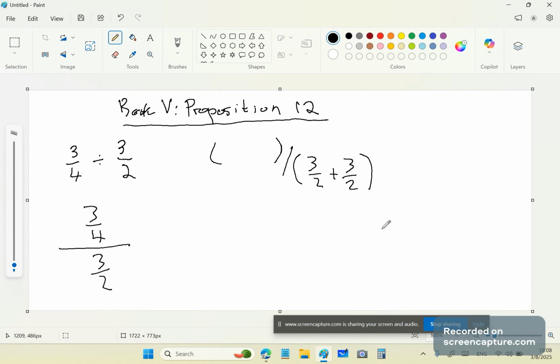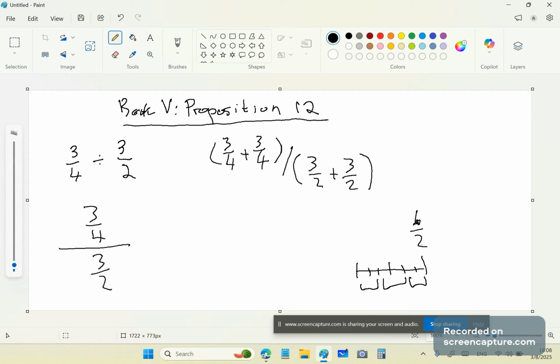And we know that if we have 6/2, then 2 measures 6 exactly. In other words, 2 fits into 6: 1, 2, 3. But what we do to the bottom part, we also have to do to the top part, which is 3/4 plus 3/4.